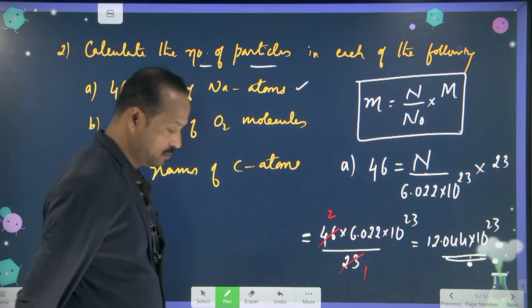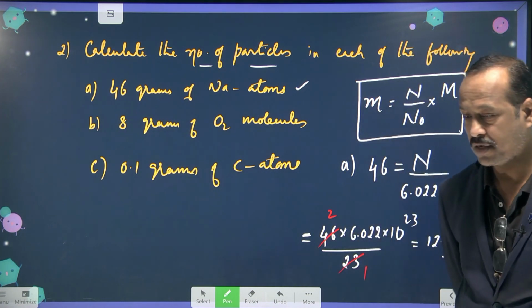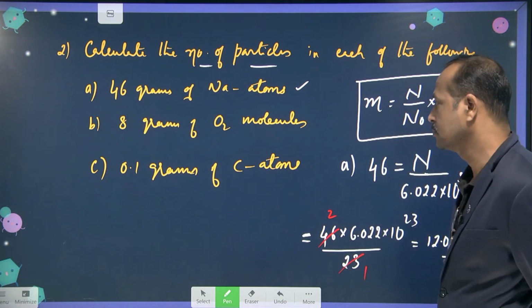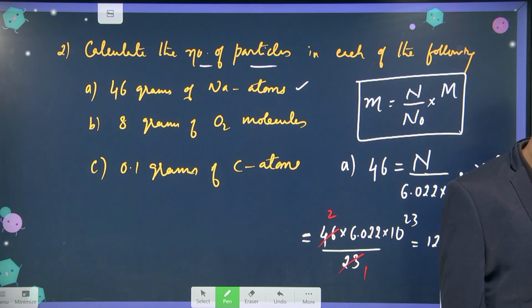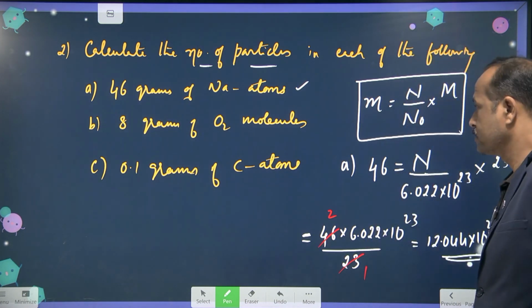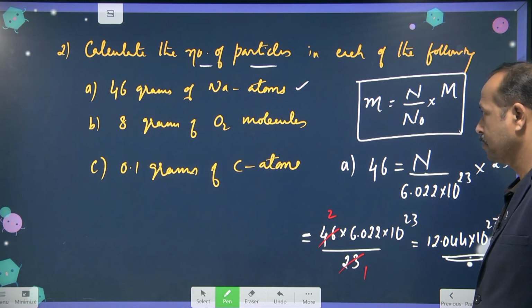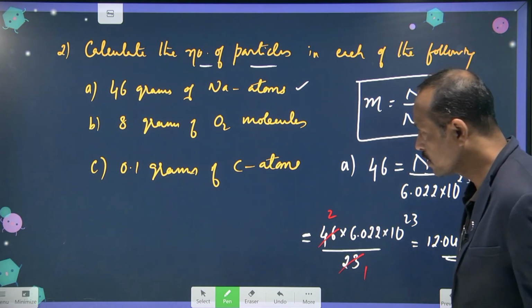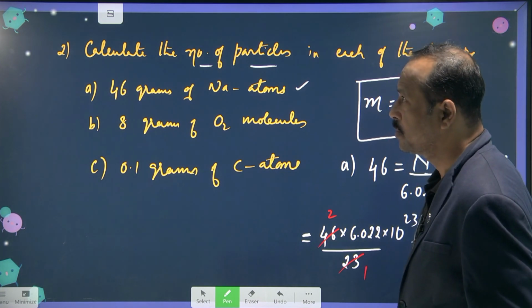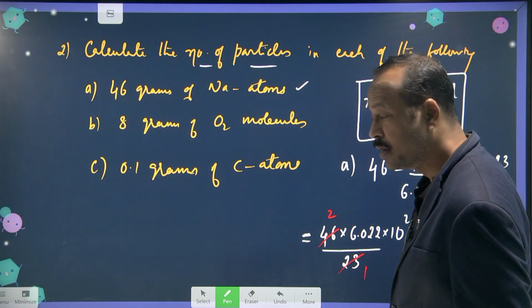Good, correct only. Similarly, you can do the third one now. Sir, I got 6.022 into 10 power 23 by 12 I got. 23 by 12, sir. 12.